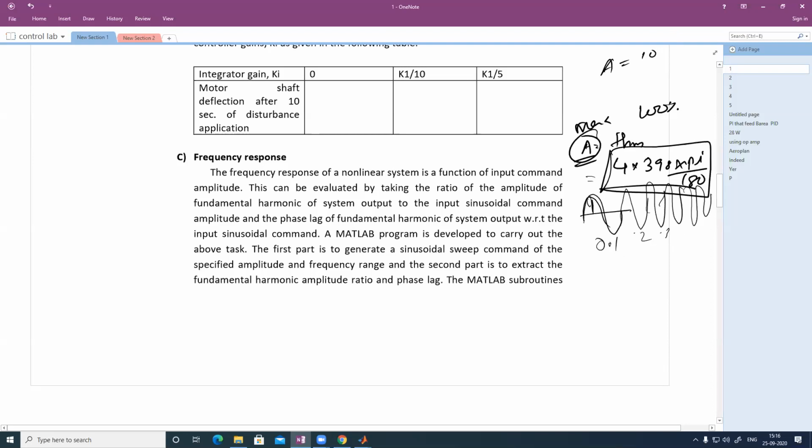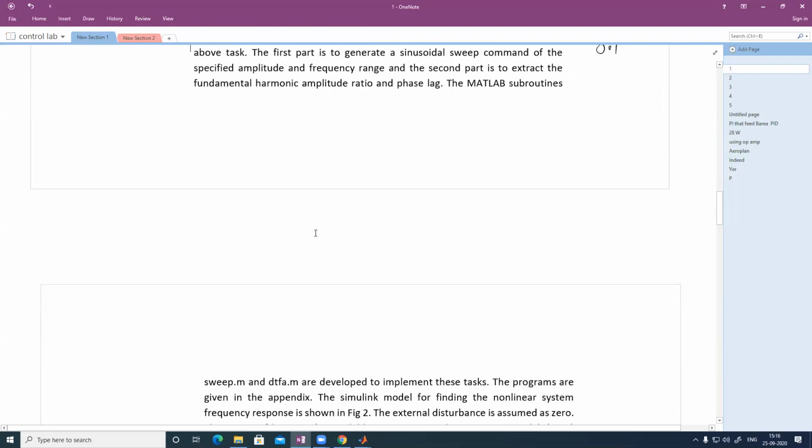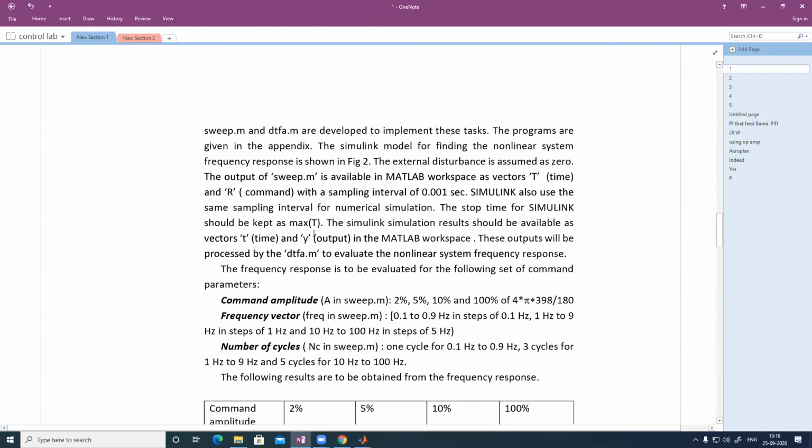For each sine wave you take the first fundamental harmonic with respect to the input sinusoidal command. This is the program for SEEP.m. In SEEP.m, the command amplitude A you have to give is 2%, 5%, 10% and 100% of this value.